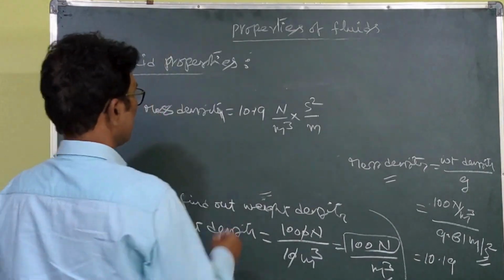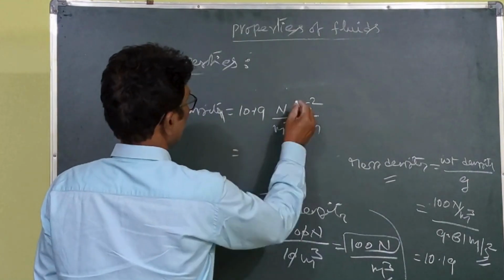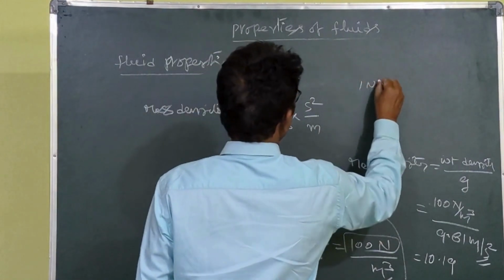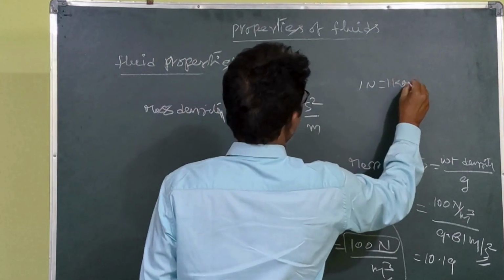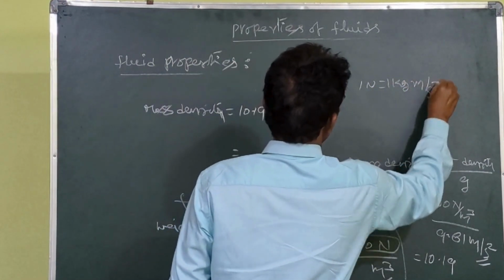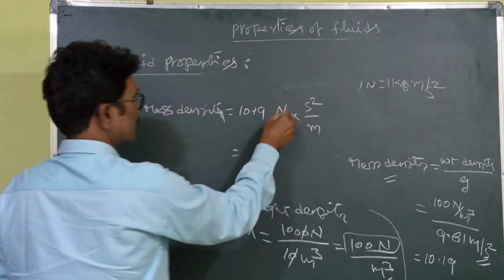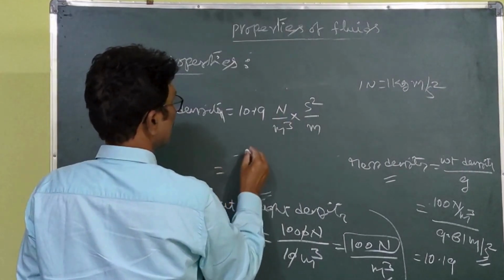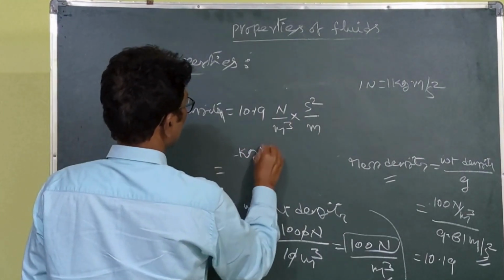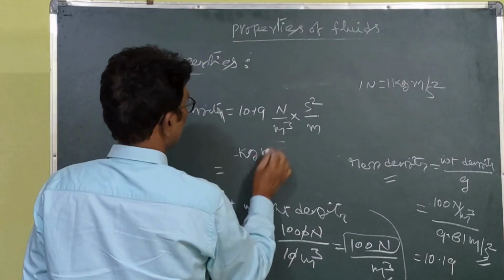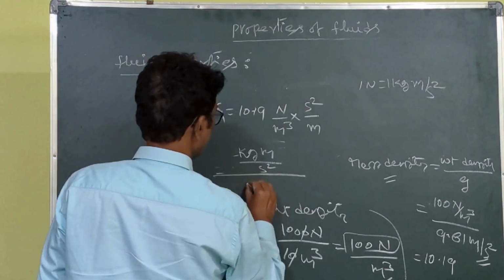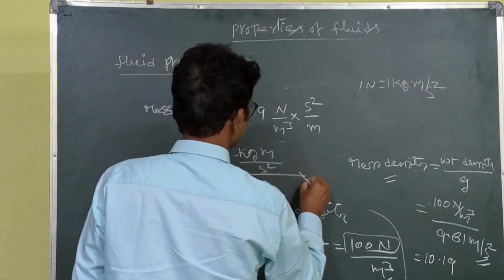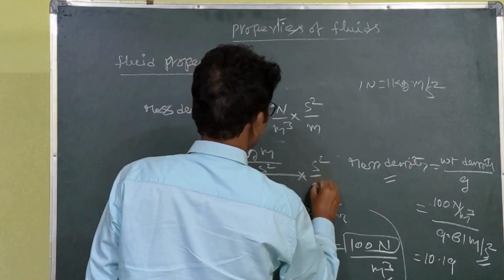But we know that 1 Newton is equal to 1 kg meter per second square. We have to substitute that here: kg meter per second square divided by meter cube, into second square divided by meter.